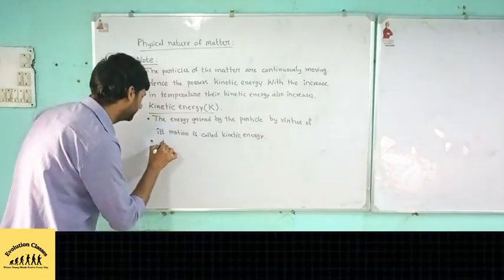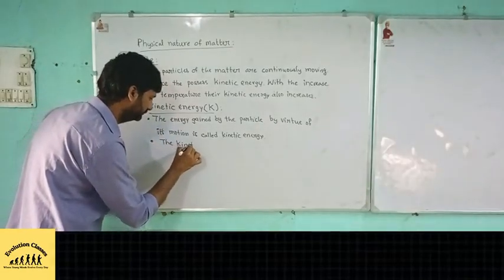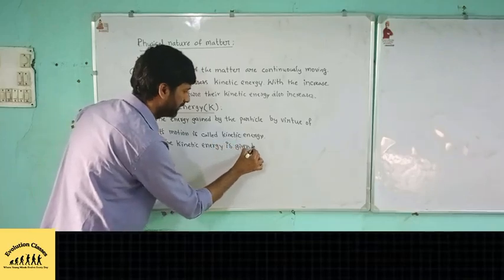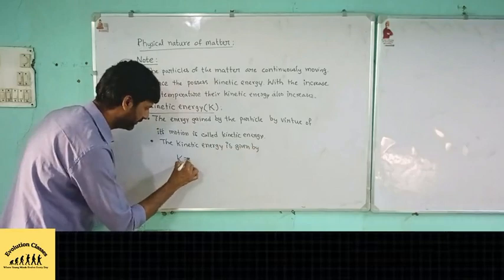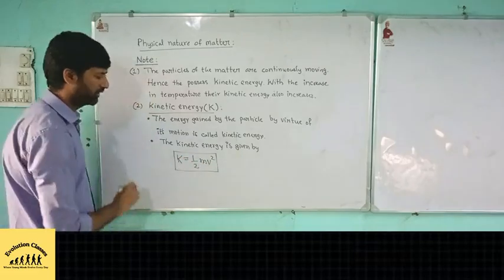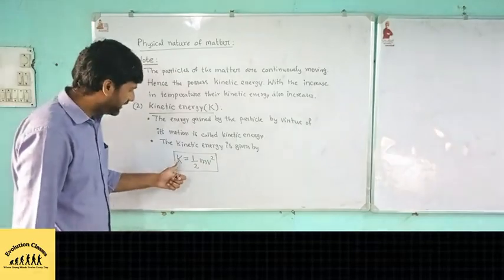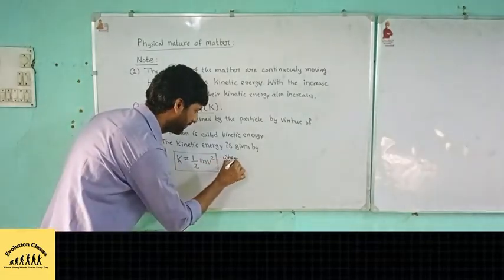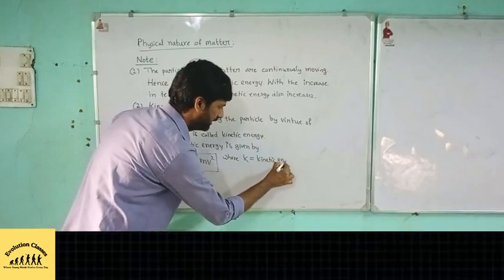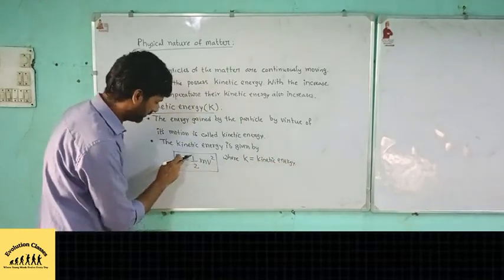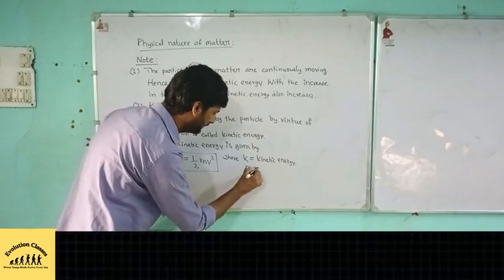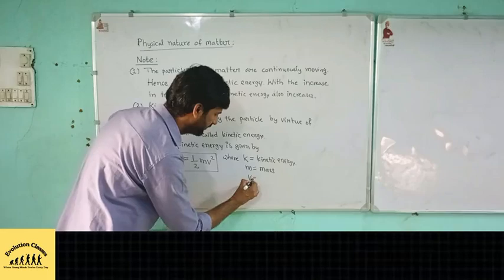The kinetic energy is given by the formula K = ½mv², where K is kinetic energy, m is the mass of the particle, and v is its velocity.